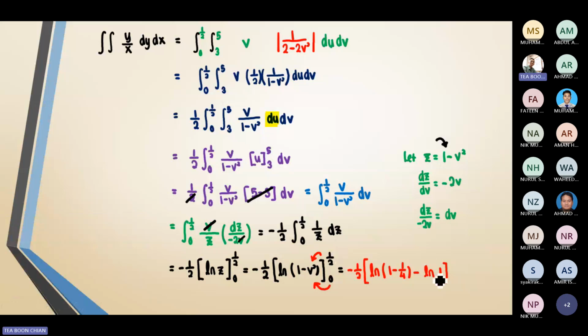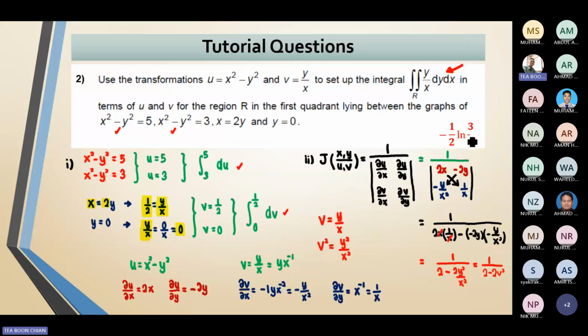So ln 1 by identity from your calculator is equal to 0. 1 minus 1 over 4 is 3 over 4. In the end, negative 1 over 2 ln 3 over 4 is the integral output from this UV transformation. So let's check whether it is the same as the answer given in the tutorial questions. Negative half ln 3 over 4, yes indeed.